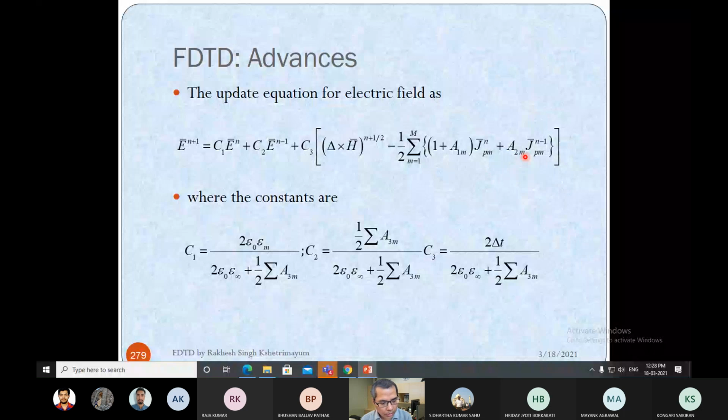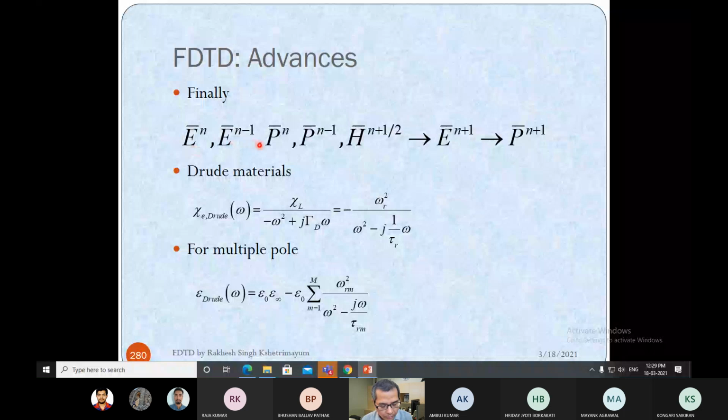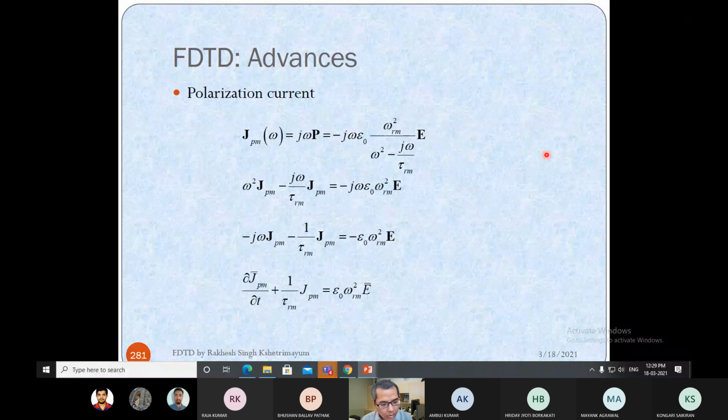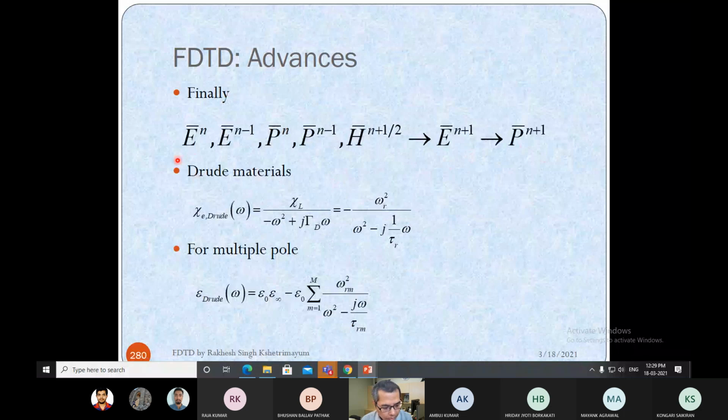So you can write the update equation now for En plus 1. This is a procedure like last time. If I want to find En plus 1, I need to know En minus 1, Pn minus 1, and Xn plus half. Once I have that, I can find Pn plus 1. So that was about the Lorentz material.